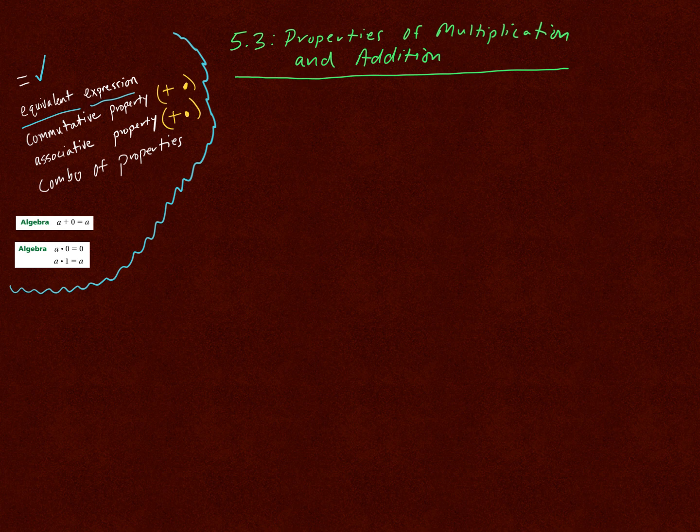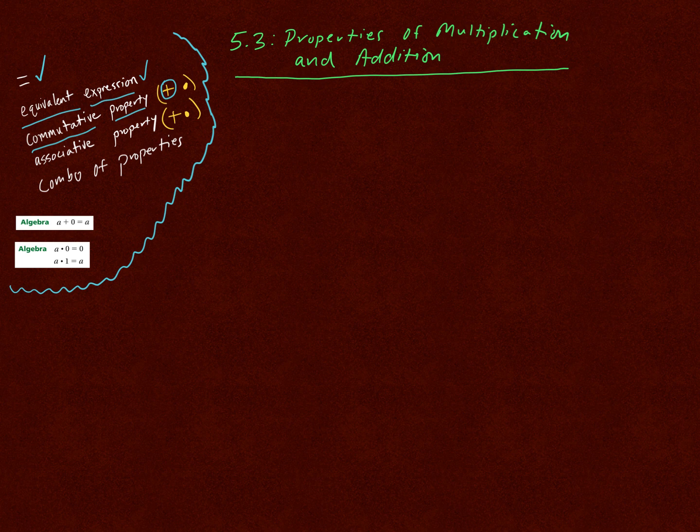So the first thing I want to talk about after equivalent expressions is an idea called commutative property. So the commutative property was exactly what I just mentioned. And there are two types of commutative properties. The first one is the commutative property of addition.